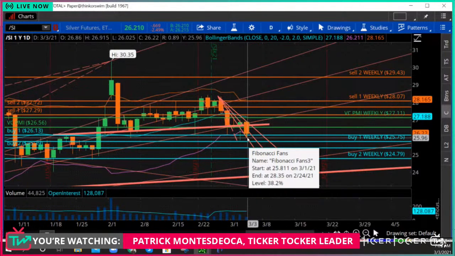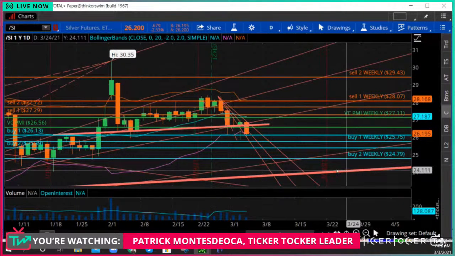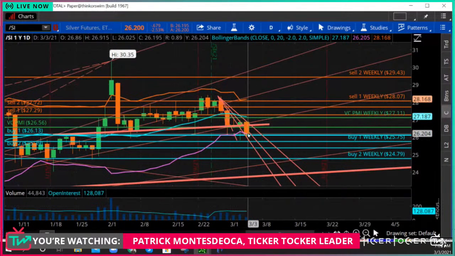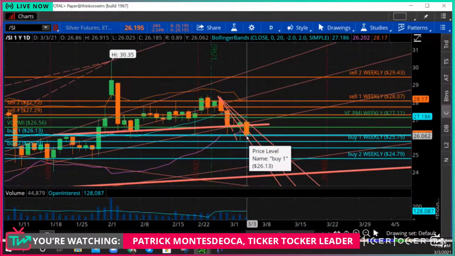What I want to point out to you is what the algorithm is identifying for us here: even though there is this overwhelming bearish sentiment in the paper market, the market has come down to an area where it identifies an area of accumulation of supply.